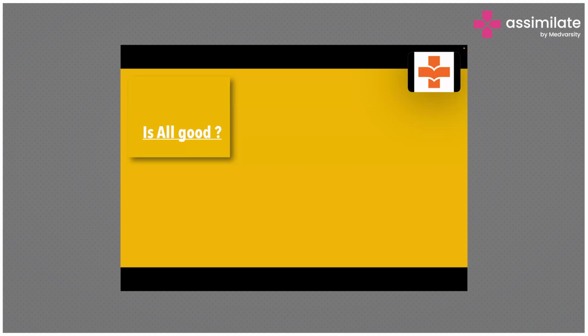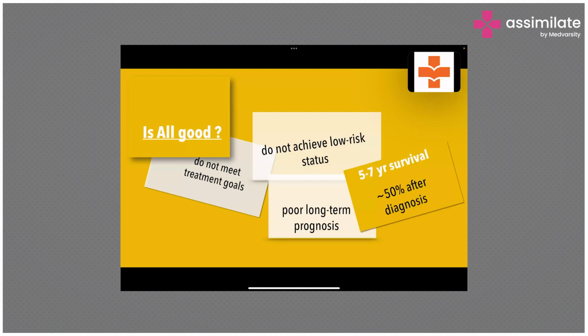No. If you look at the data, these patients still remain with a poor prognosis, and the estimated 5 to 7 year survival is approximately 50% after the diagnosis. They do not achieve the low risk status, and they do not meet treatment goals. They still remain in the poor long-term prognosis. So what could be the reason?